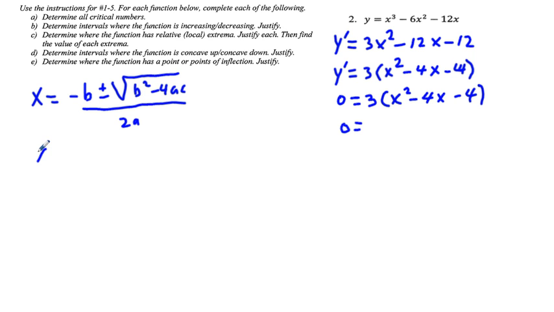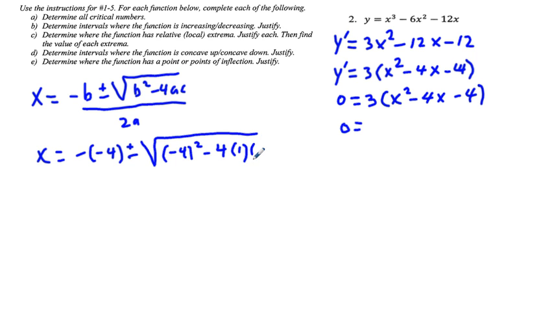So x is -4 plus or minus the square root of b squared, which is -4 squared, minus 4 times 1 times -4, all over 2a, 2 times 1.